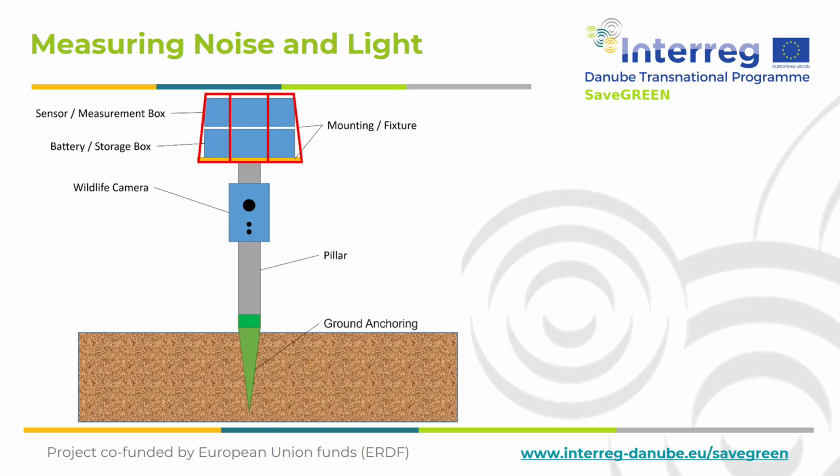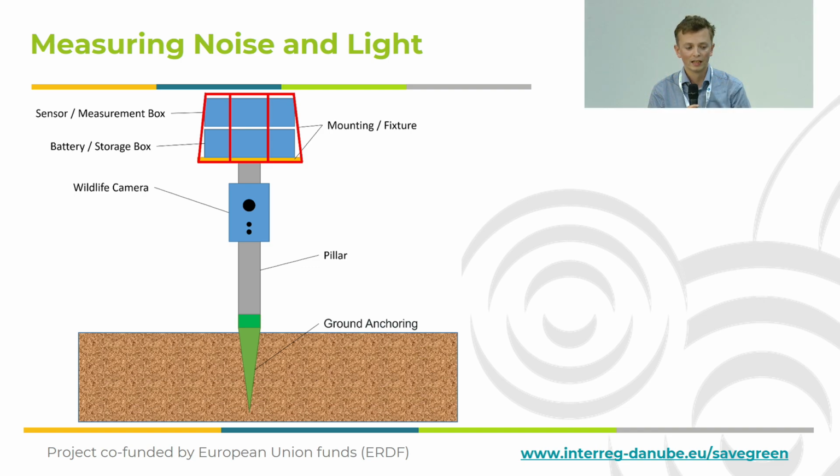So let's look at the schematics. So how one of these measuring devices looks like. So we have this pillar in the ground. We have wildlife cameras, and then on top we have these two boxes. And you might wonder why there are two boxes to measure that. And the idea was to separate the measuring aspect from the storage and the energy, or for the battery.